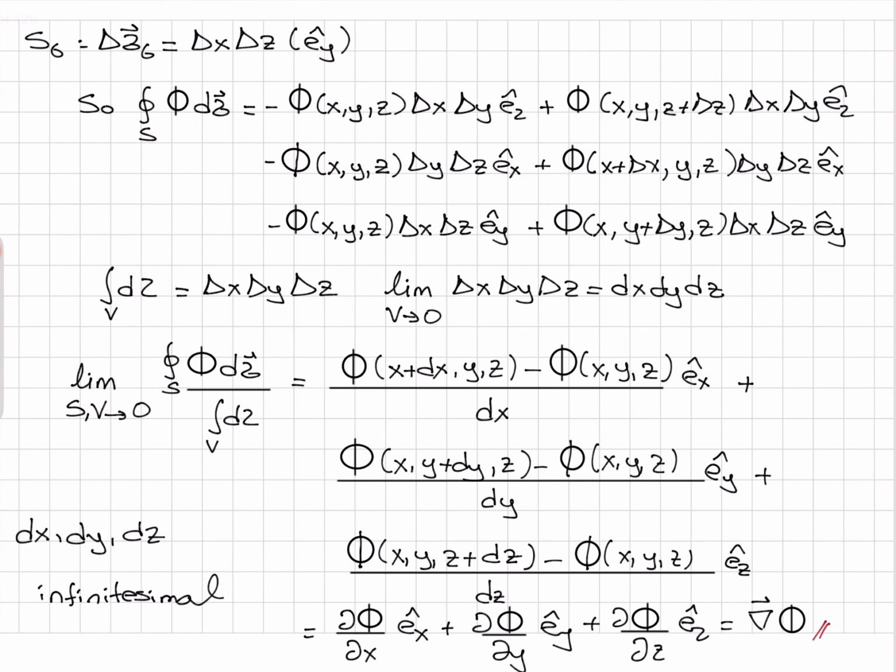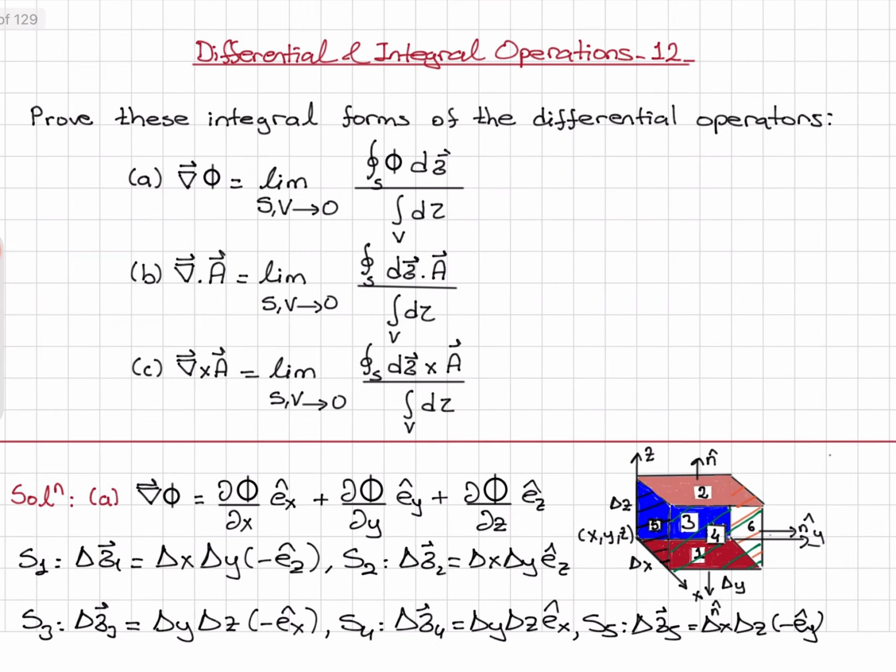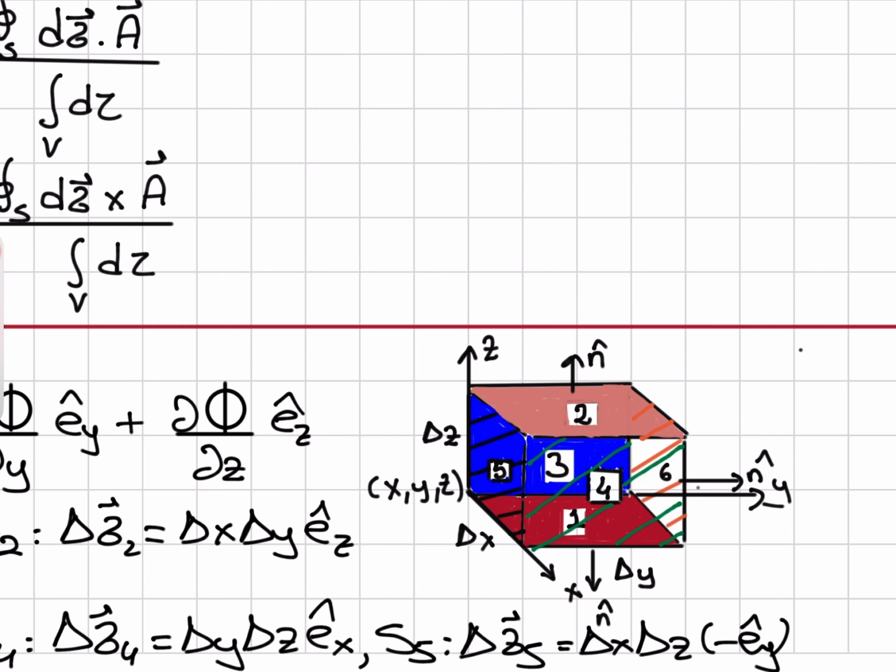And then I have written the scalar function phi at these surfaces. On surface 1, the bottom surface, phi is evaluated at x, y, and z. On the top surface, it is evaluated at x, y, and z plus delta z.